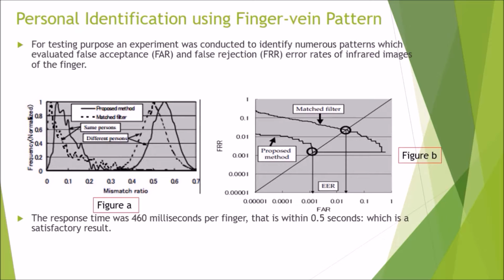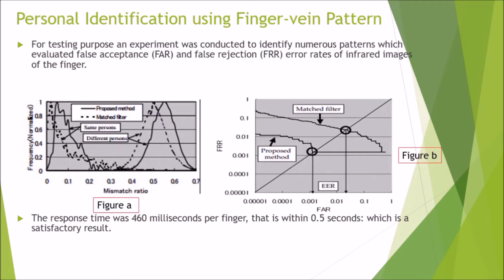The database contained 678 different infrared images of fingers with 2 images per finger. The FRR was obtained by calculating the mismatch ratios using both images of each finger, and the FAR was obtained by calculating the mismatch ratios among the images of different fingers for all combinations. The conventional method was independently evaluated in the same way.